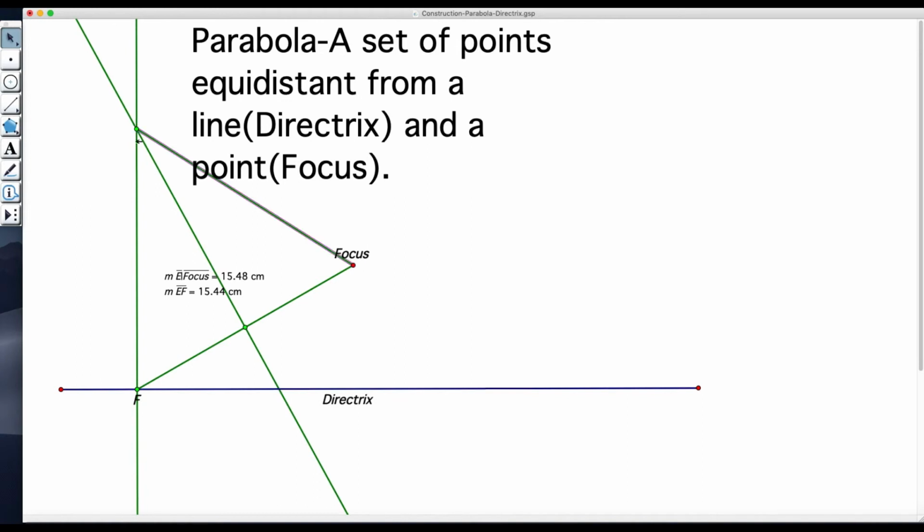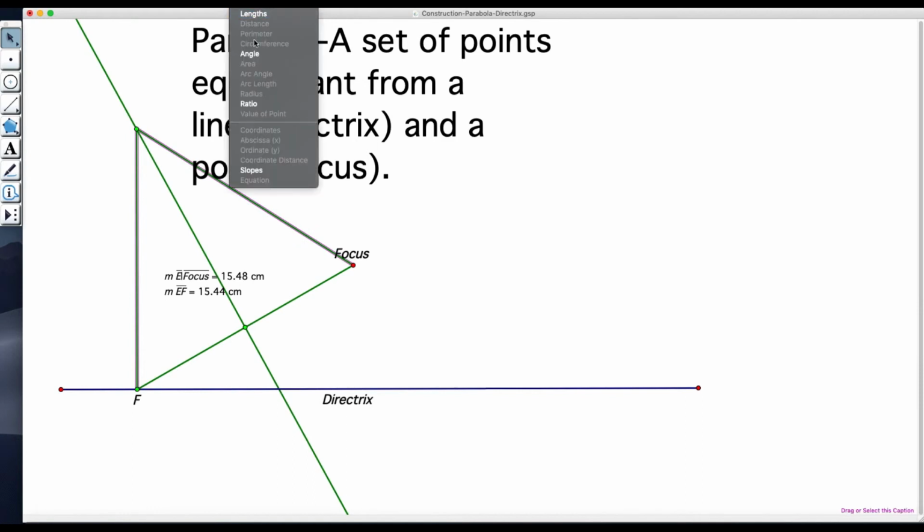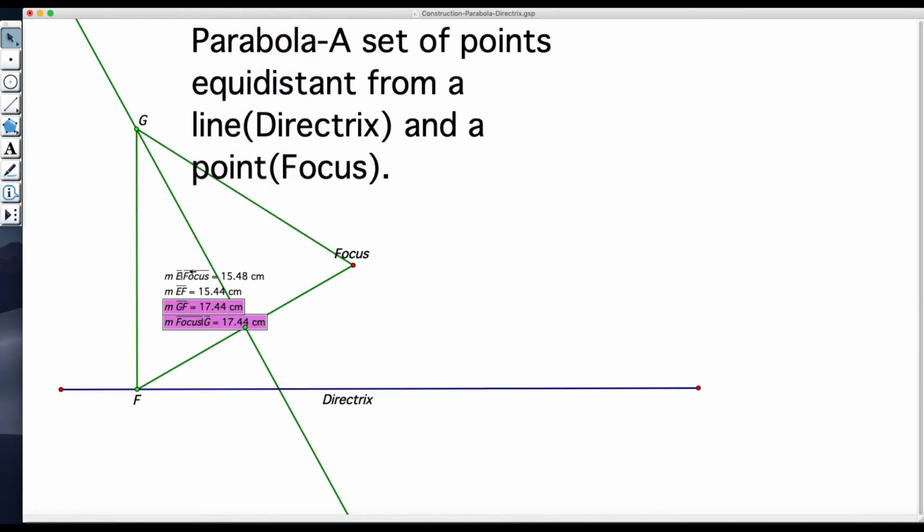Now we will hide this perpendicular line and create a line segment in its place. And finally, we will measure these two. Now we can clearly see that on our first attempt here, these two segments match.